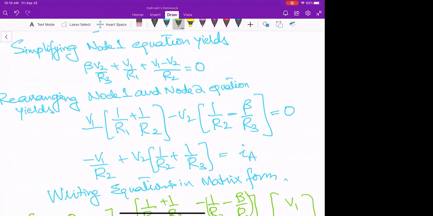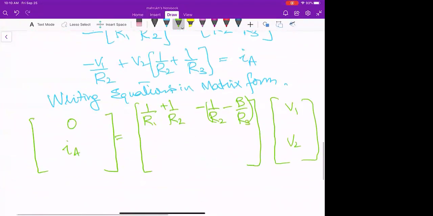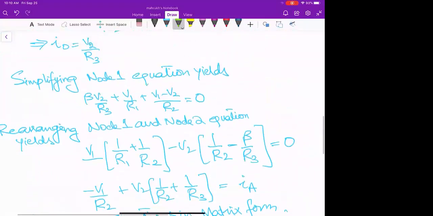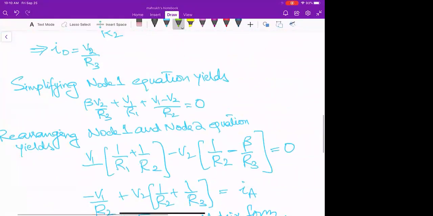Okay. I'm saying there is something wrong in the sign. Okay, 1 over R2 and 1 over R2 plus 1 over R3. Okay, I'm not sure what I have done here.